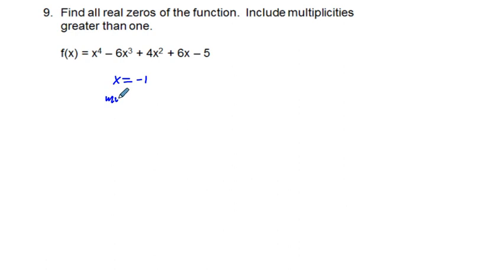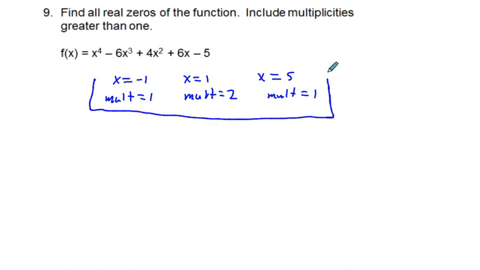That's a multiplicity of 1. We have x equals 1. That's a multiplicity of 2. And we have x is equal to 5. That's a multiplicity of 1. And all the multiplicities added together, which is 1, 2, and 1, that has to add up to no more than 4.